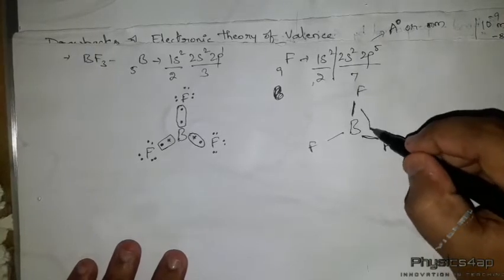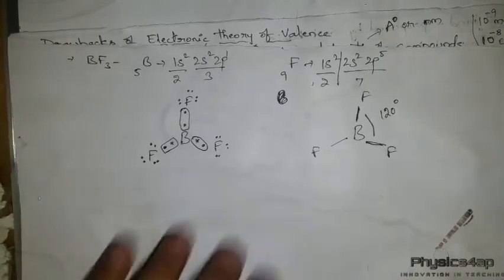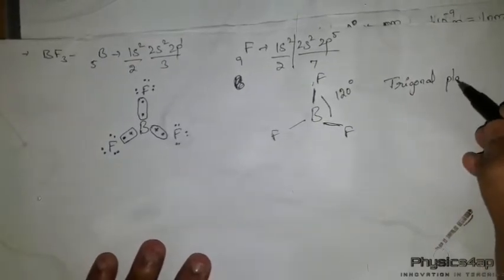That bond angle is 120 degrees, and the structure we call trigonal planar.